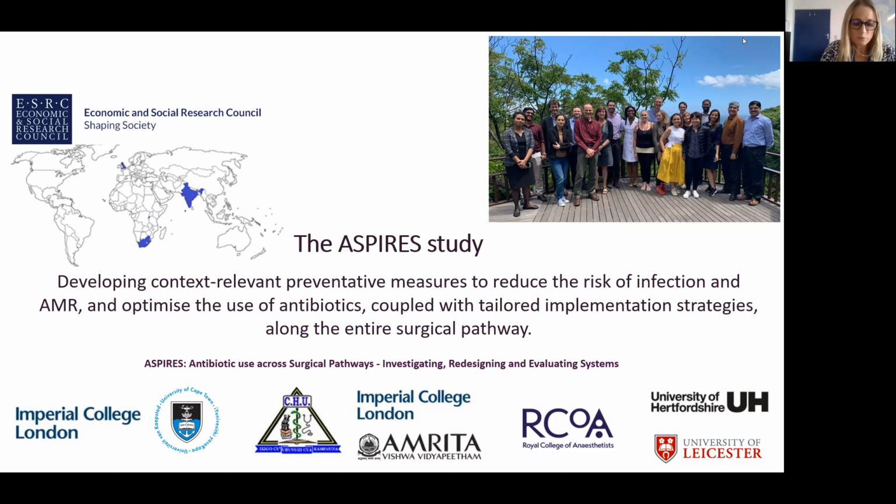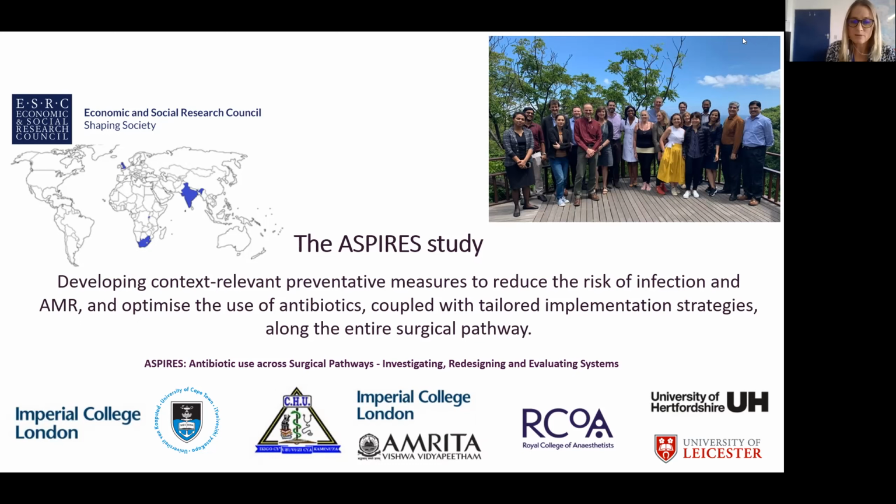It was really motivated by the fact that up until that time, there was a lot of work across the globe that gave us insights into the size and the extent of antimicrobial resistance. And the ESRC, the Economic and Social Research Council, really wanted to use social science research methods to better understand the contextual and cultural factors in order to then tailor interventions to optimize antibiotic use and infection prevention and control.